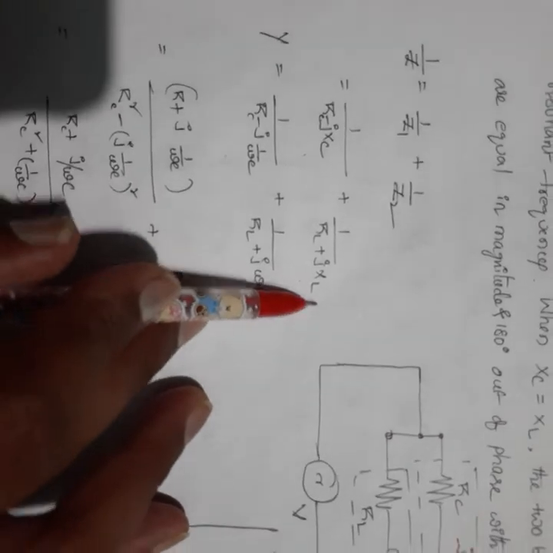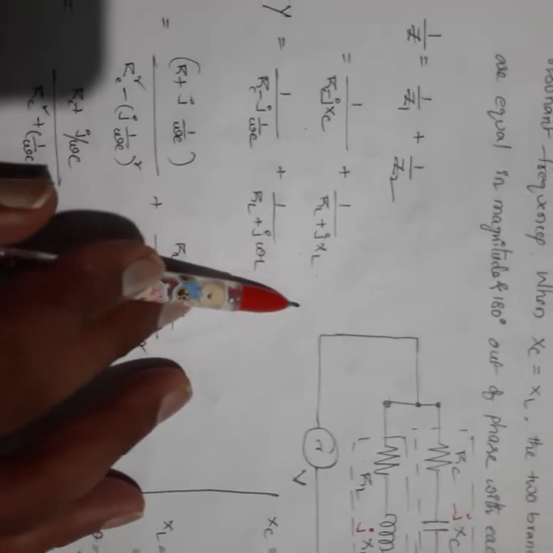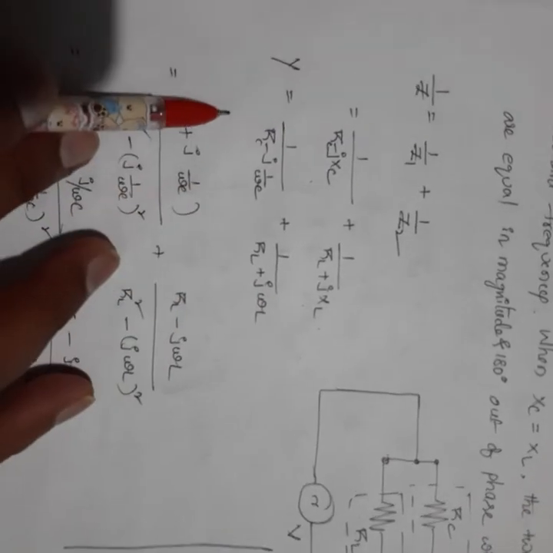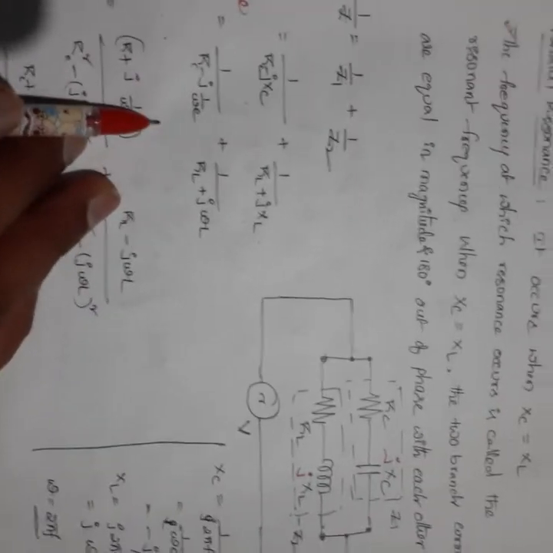So 1 by Z is taken as Y, the admittance.